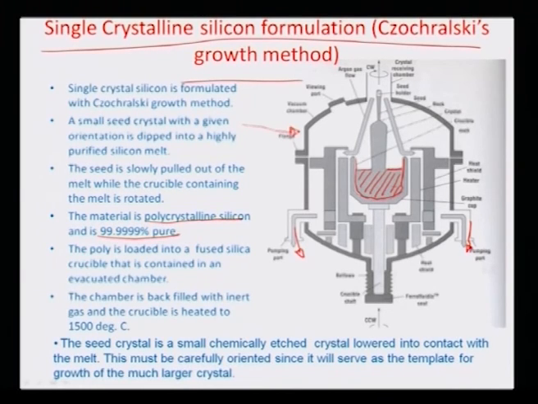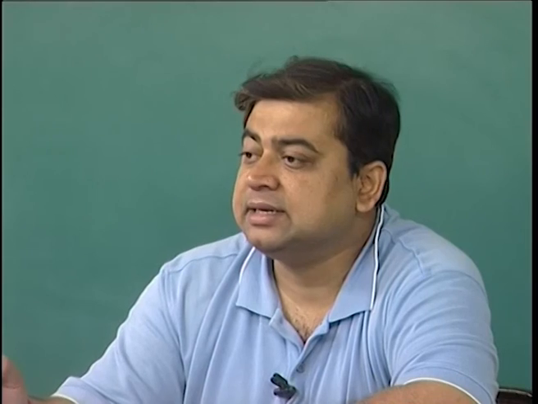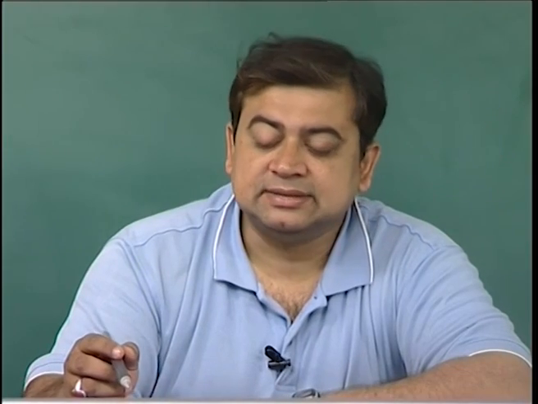So it's an extremely pure process, and there are certain foundries in the world, one example being MEMC, based in St. Louis, Missouri, which manufactures high purity single crystalline silicon wafers.